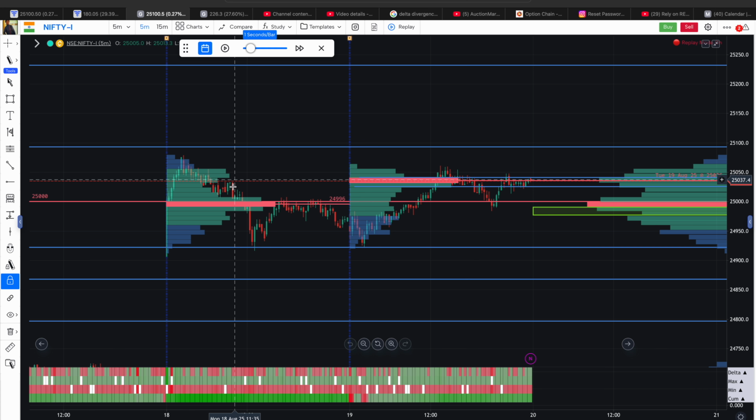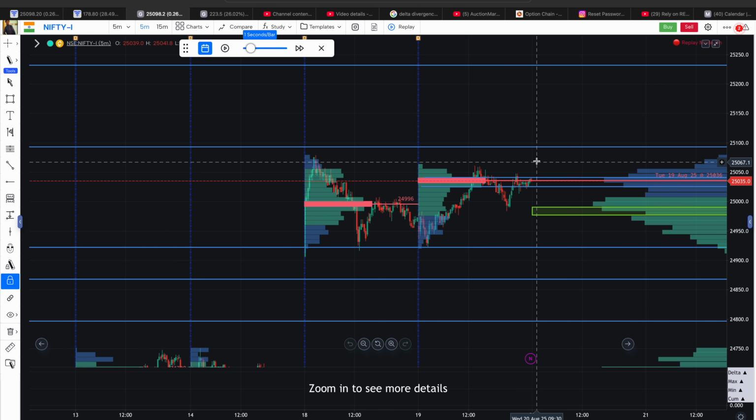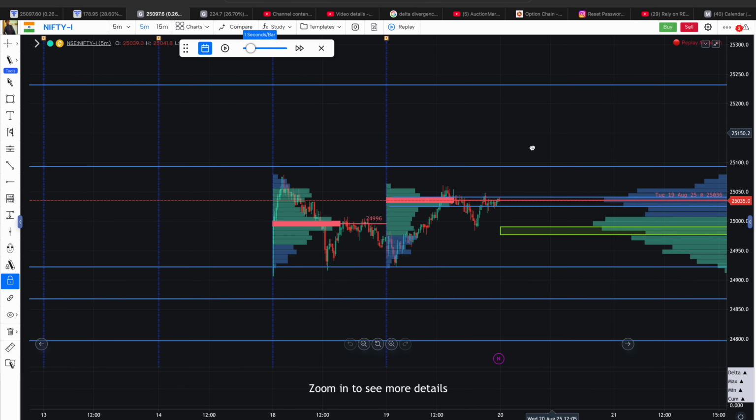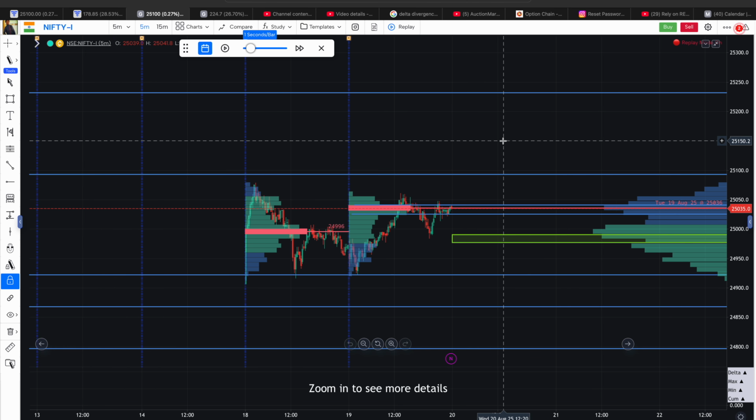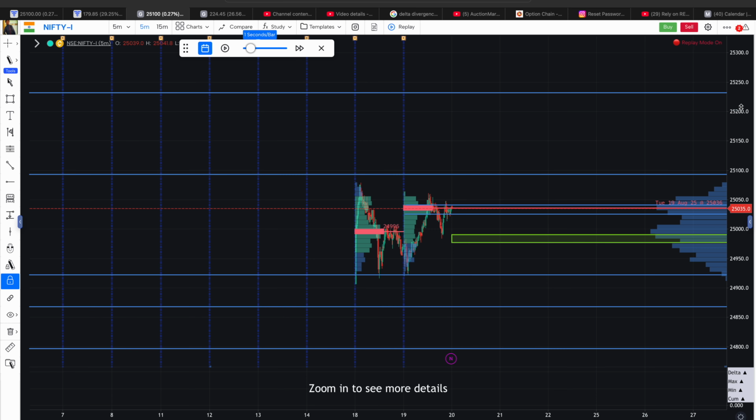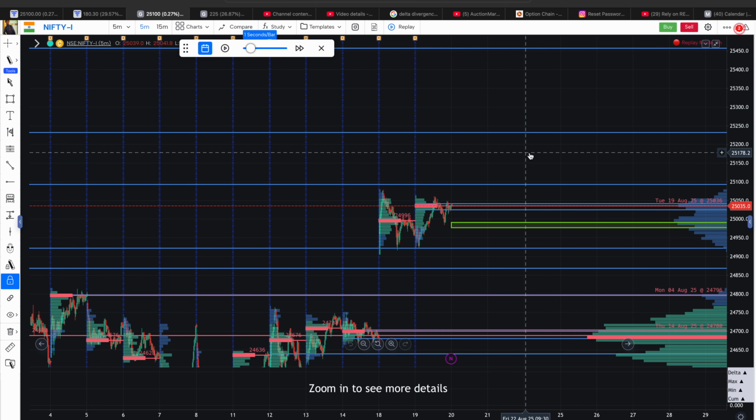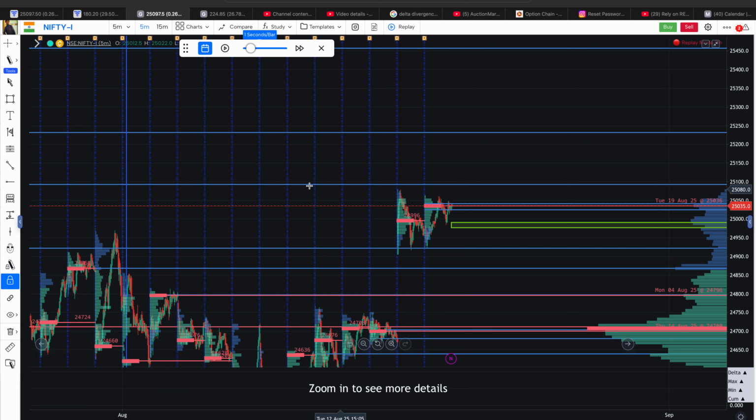However, the previous day range was also lying between this range, but the consolidation average comes somewhere around here. So we have marked that particular line as well. And we don't have any such areas for now. This was one of the week off areas.